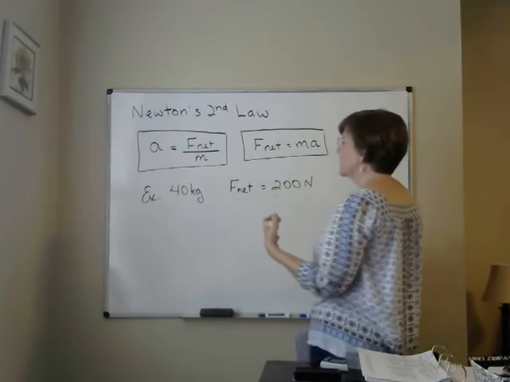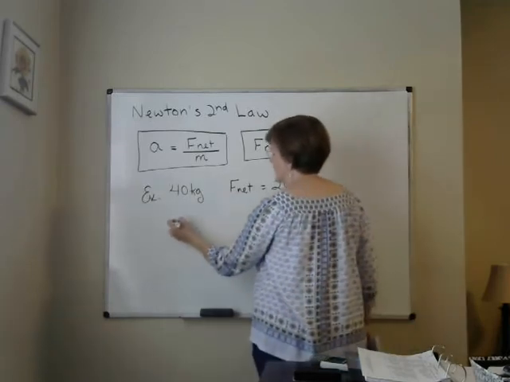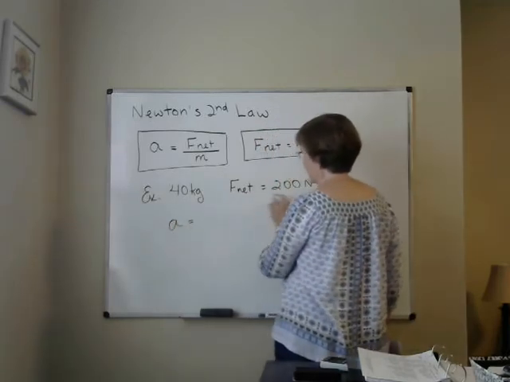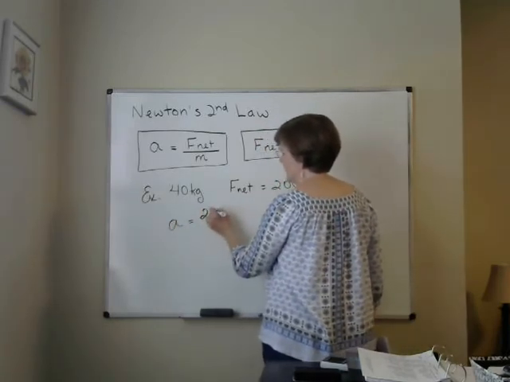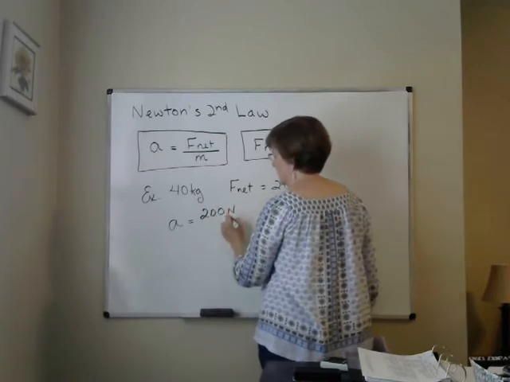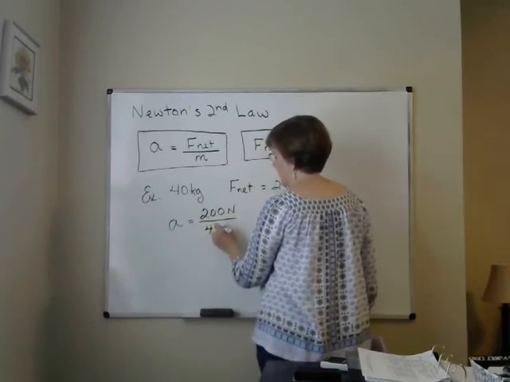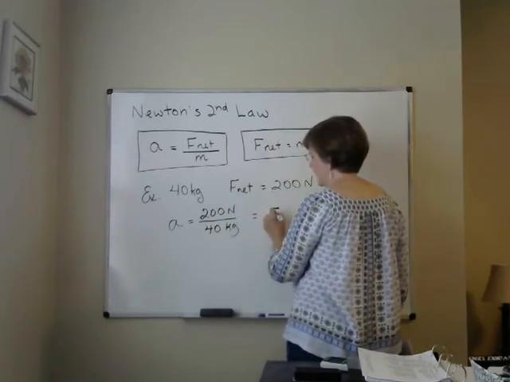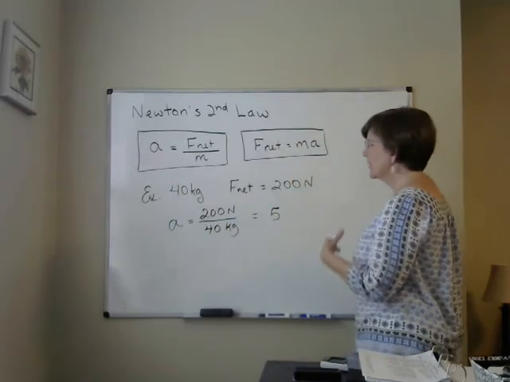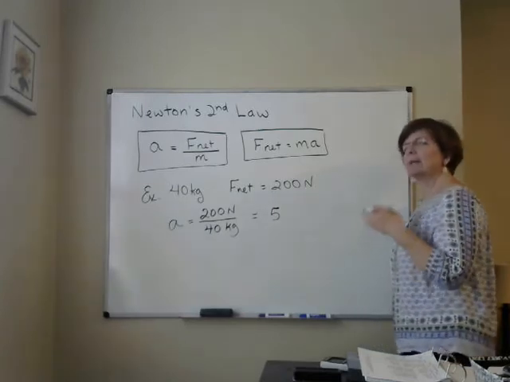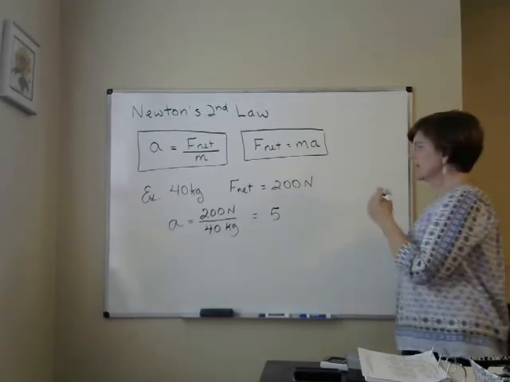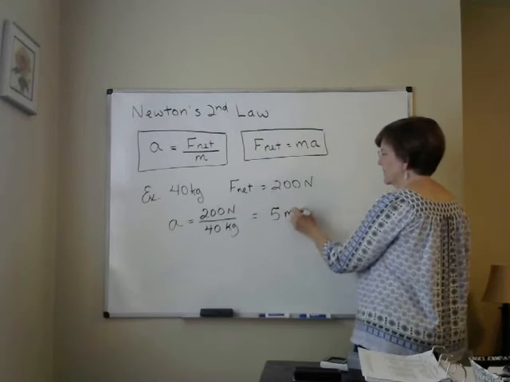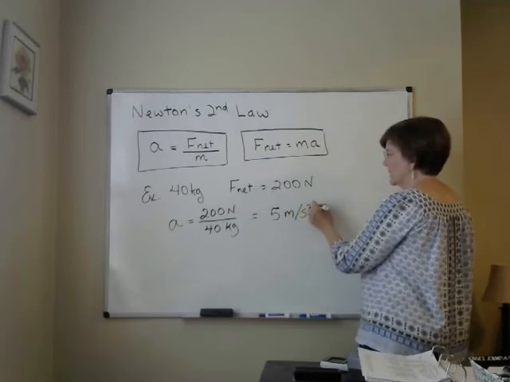If somebody says, well, what's the acceleration? I know the acceleration is equal to the net force, 200 newtons, divided by 40 kilograms. 200 divided by 40 is 5, and I know that if I'm using newtons and kilograms, I'm using those SI units. This comes out in meters per second squared.